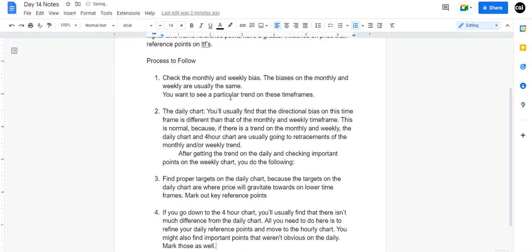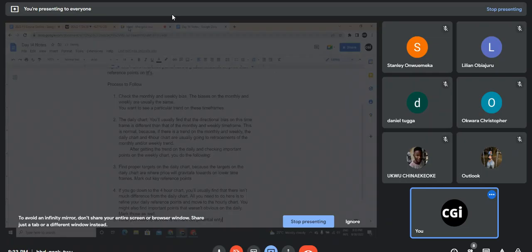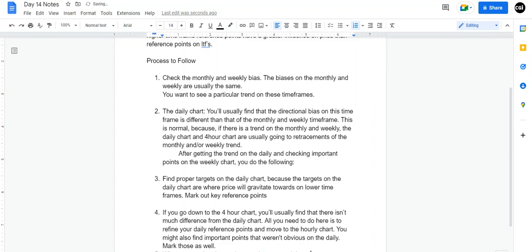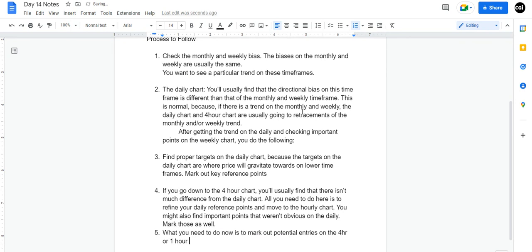What you need to do now is to mark out potential entry points, potential entry on the 4 hour or 1 hour chart.